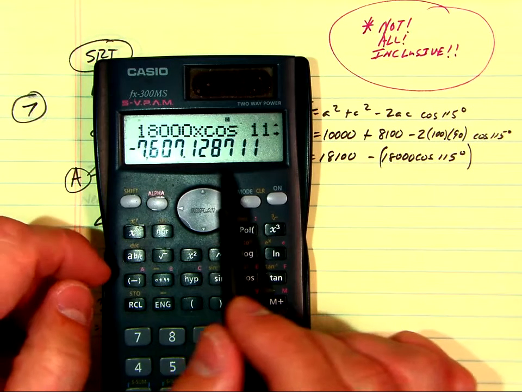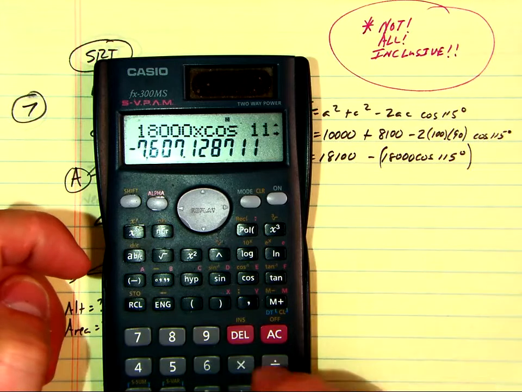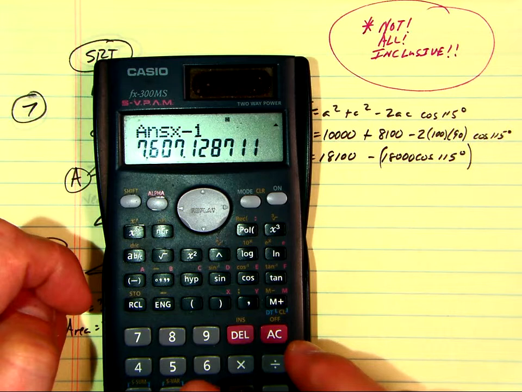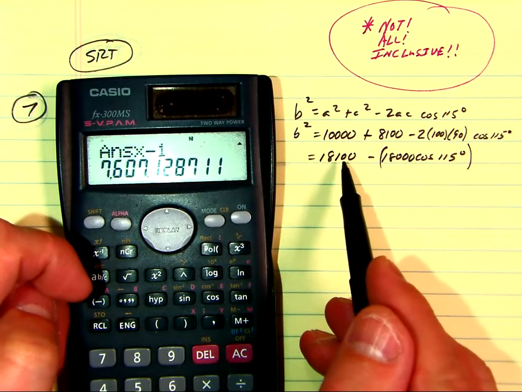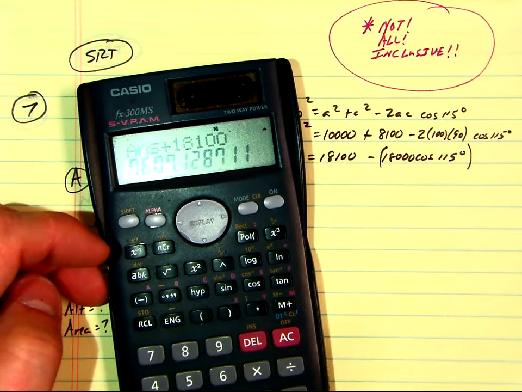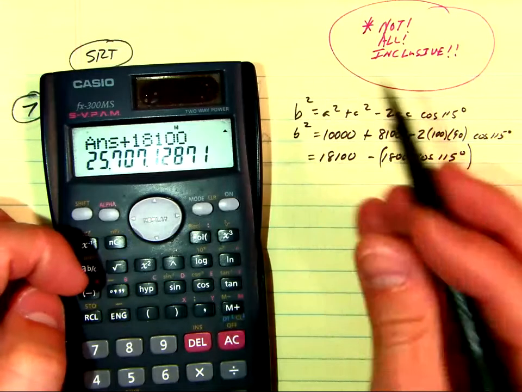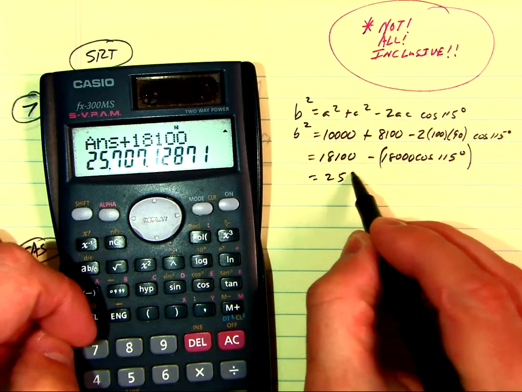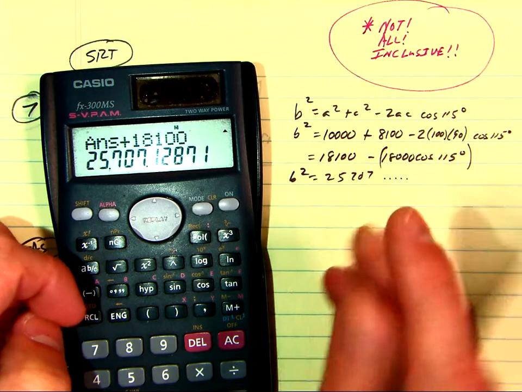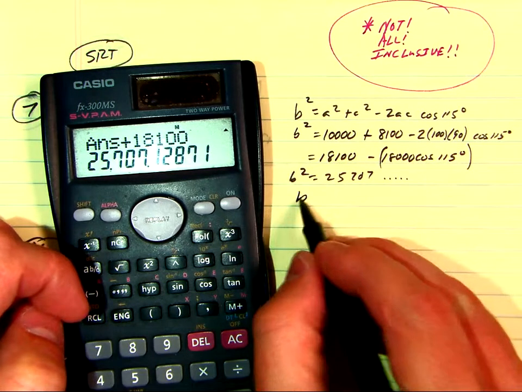So I'm going to leave this number in my calculator, and I'm just going to go times -1. Just turn it positive. So add that to 18,100. There's the answer there. Equals 25,707 something. And take the square root in my calculator to find b.